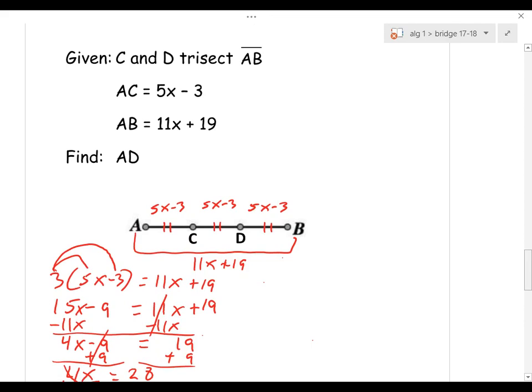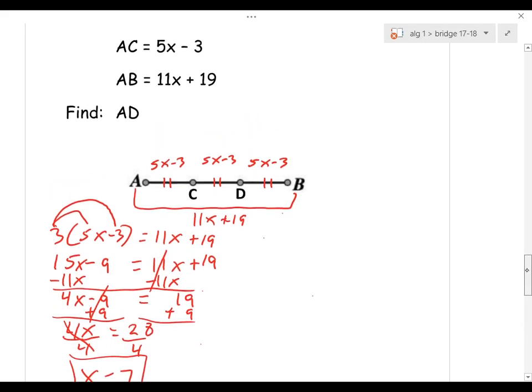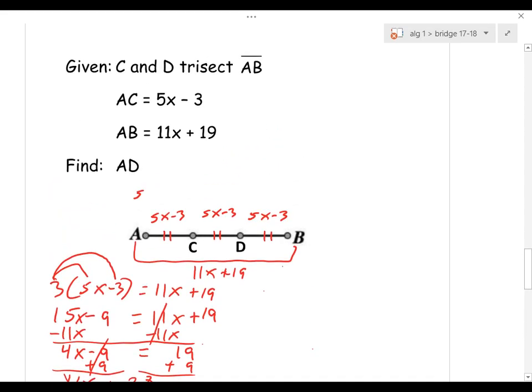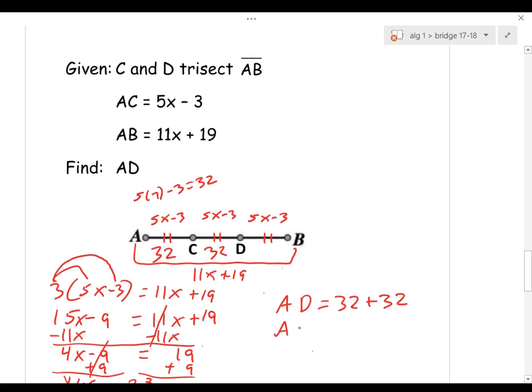So I know that 5x minus 3 is going to be 5 times 7 minus 3, which is 32. And if that equals 32, this is going to equal 32. So AD is going to be equal to 32 plus 32. So AD equals 64.